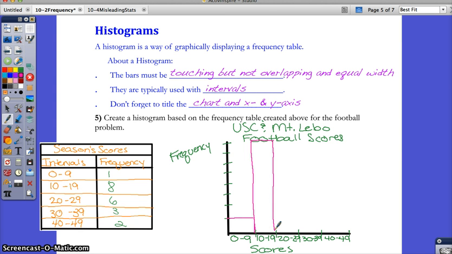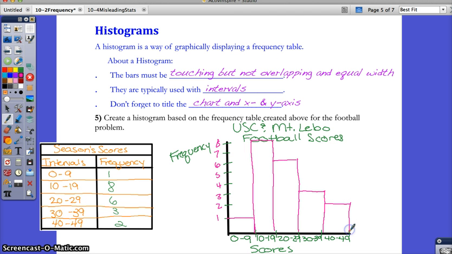The next one, 20 to 29, I have 6. 1, 2, 3, 4, 5, 6, 7, 8. A little bit of wave there. 30 to 39, I have 3. And then 40 to 49, I have 2.